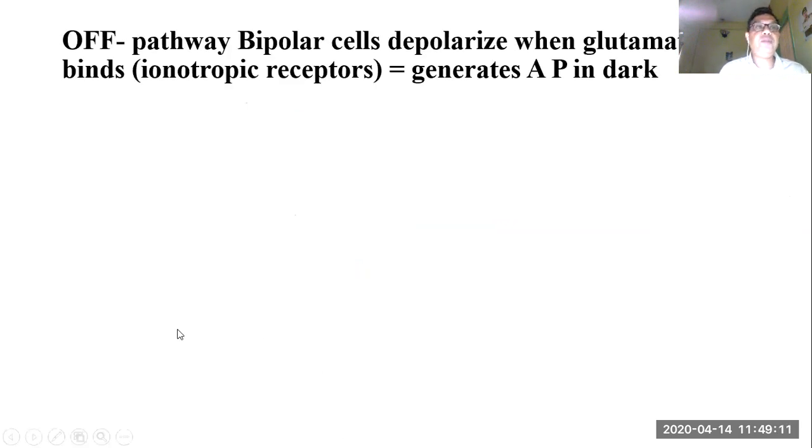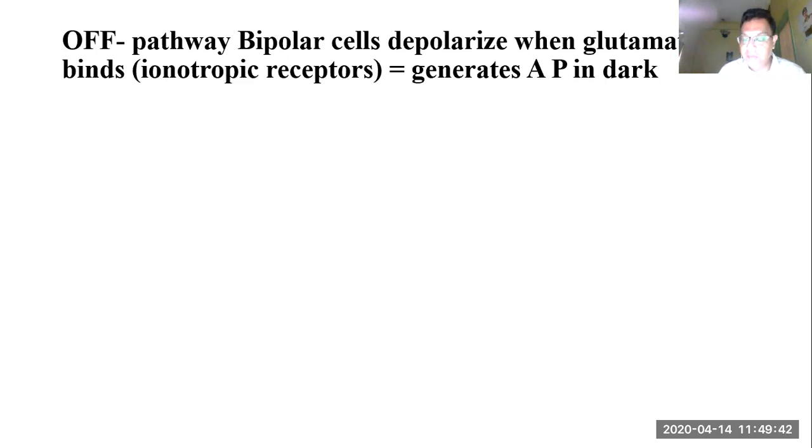So let's recapitulate. We're talking about bipolar cells. There are two kinds of bipolar cells, on and off. The bipolar cell in the off pathway will depolarize when glutamate binds, so it generates action potential in the dark.